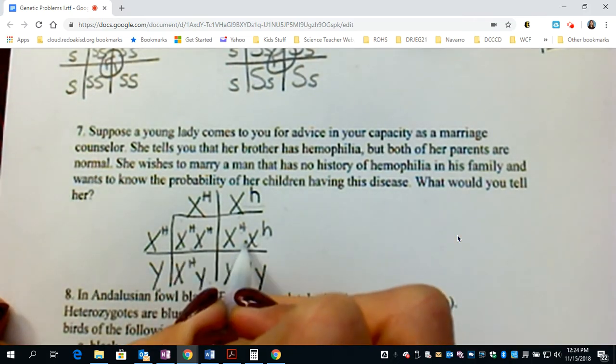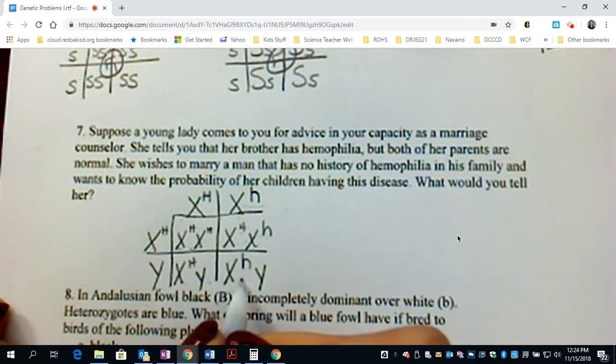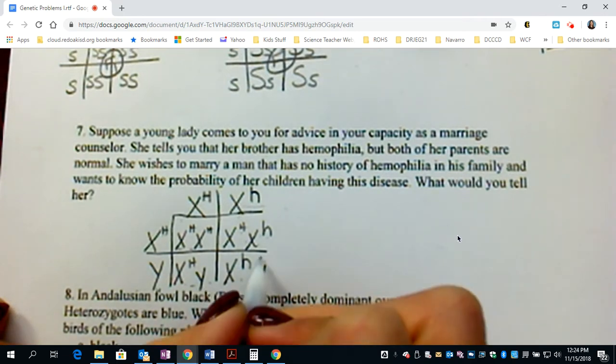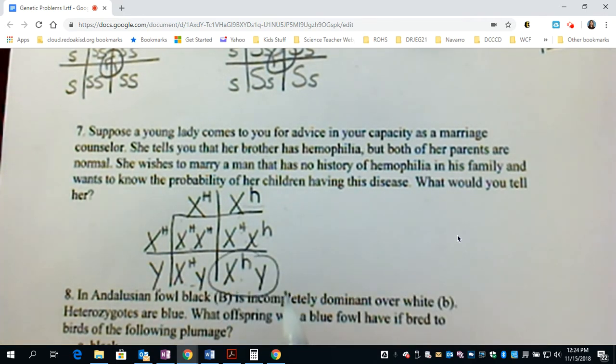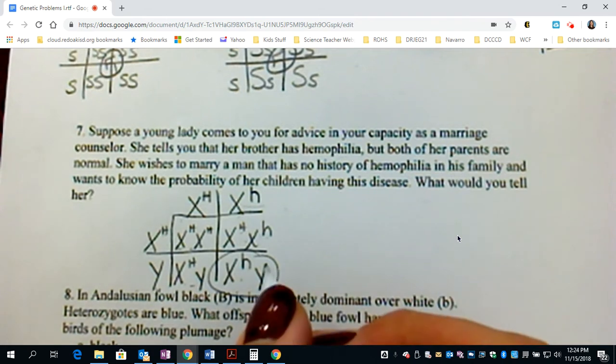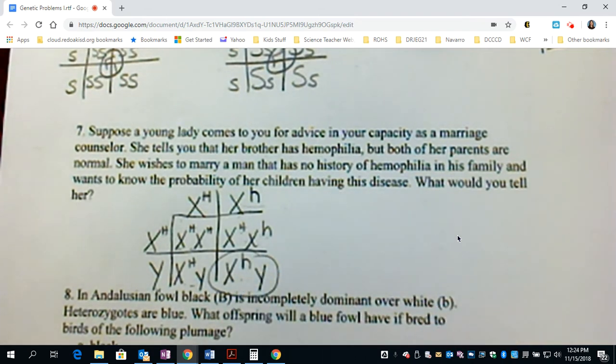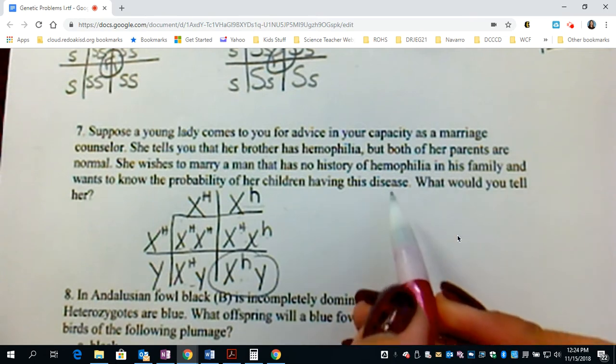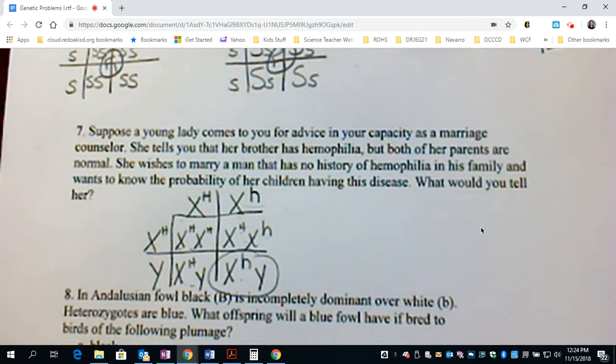These two are girls because they have two X's. These two are boys because they both have a Y. This baby has hemophilia. I would tell her that if she has a boy, there's a 50% chance that he would have hemophilia. That would be my advice to her if she came to me talking about family planning.